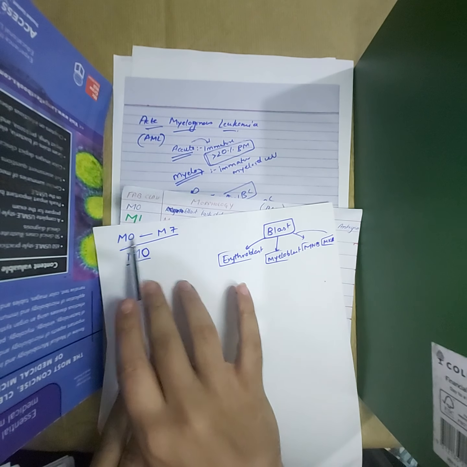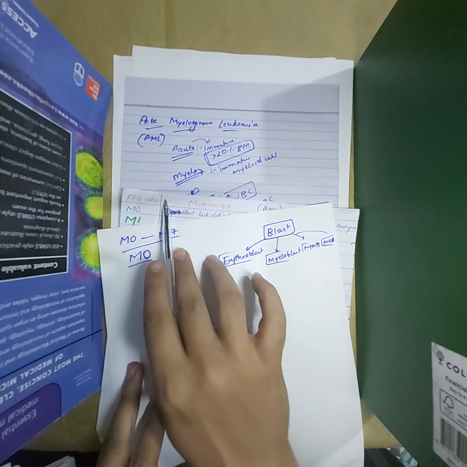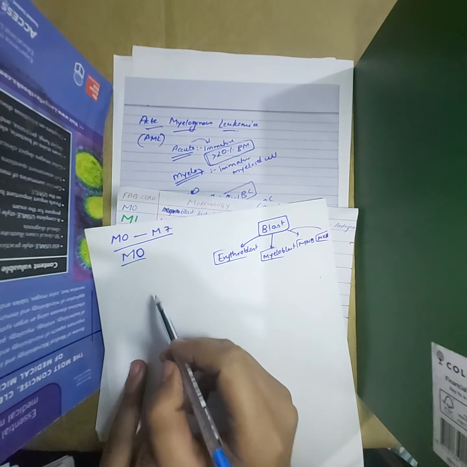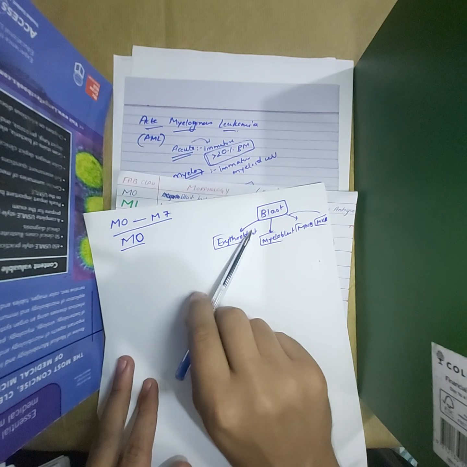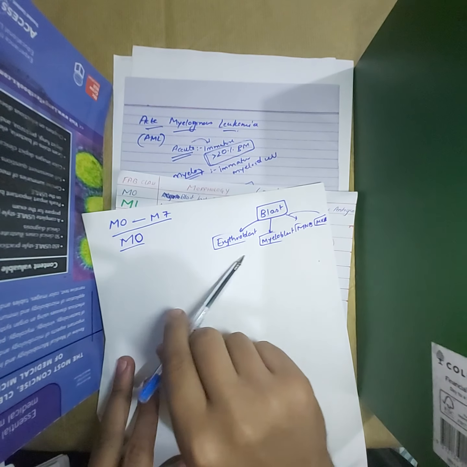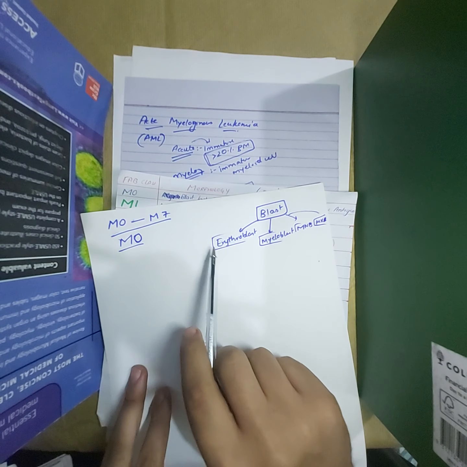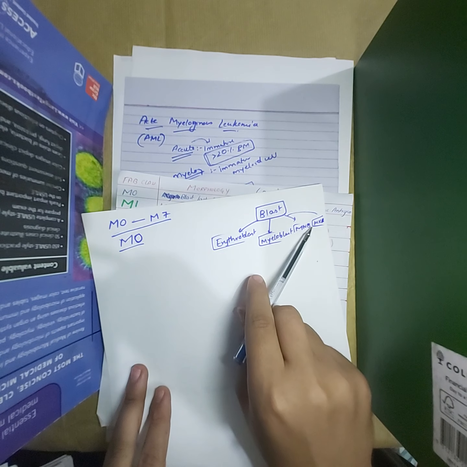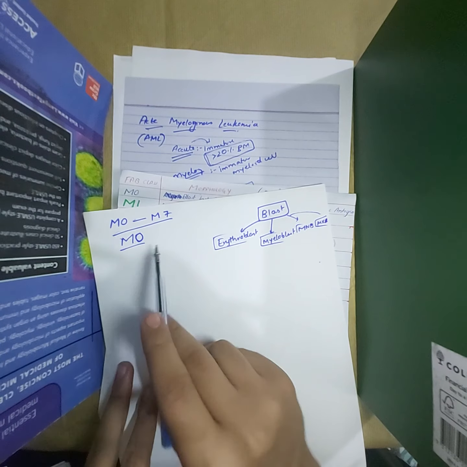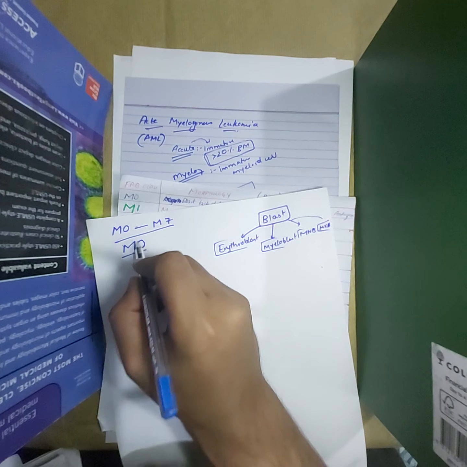Before starting the FAB classification of AML, I have written these further classifications of the blast cells: the erythroblast, myeloblast, monoblast, and the megakaryoblast.